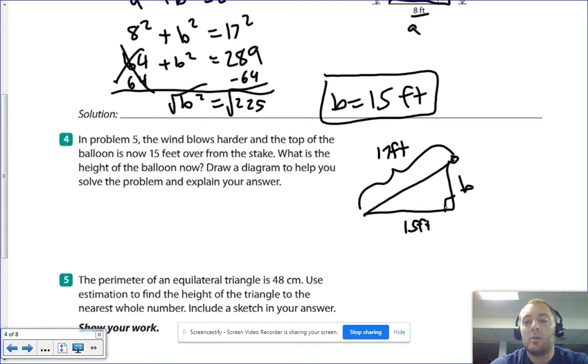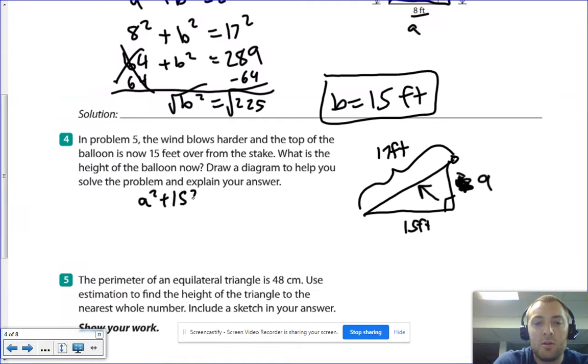And let's do everything we did. Technically we'll say this is actually A, because this looks like it's the smallest side now. It doesn't matter between A and B. What really matters is that we know that the C is still opposite of the right angle. So let's use the Pythagorean theorem. Let's say A squared plus 15 squared equals 17 squared. Okay?